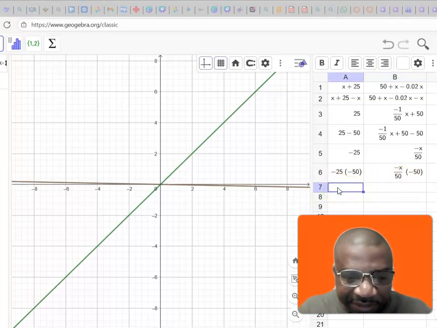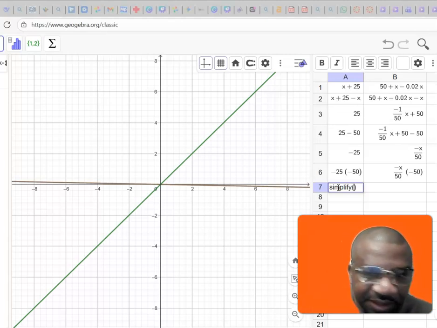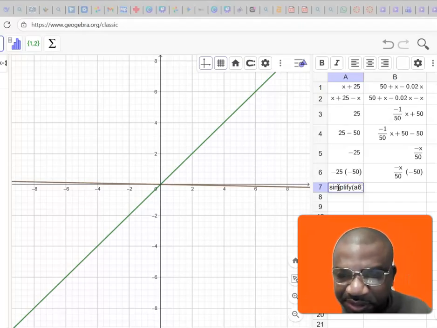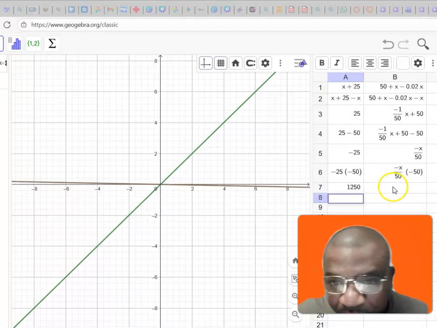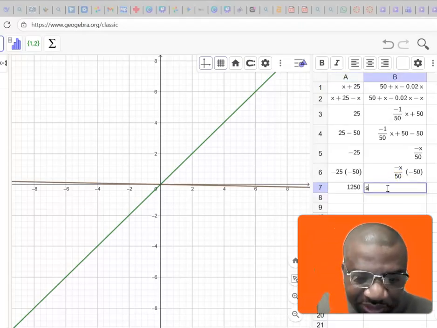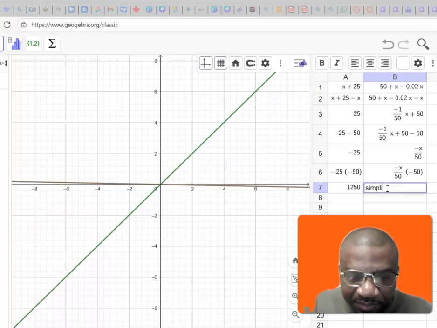Let's next step, simplify again. Simplify. Close bracket. A6. Good. So on this right hand side, simplify.